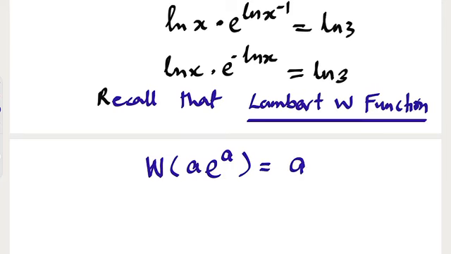That is the Lambert function. So we are going to apply that Lambert function here, because the Lambert W function is what we're going to use to get the value of x.